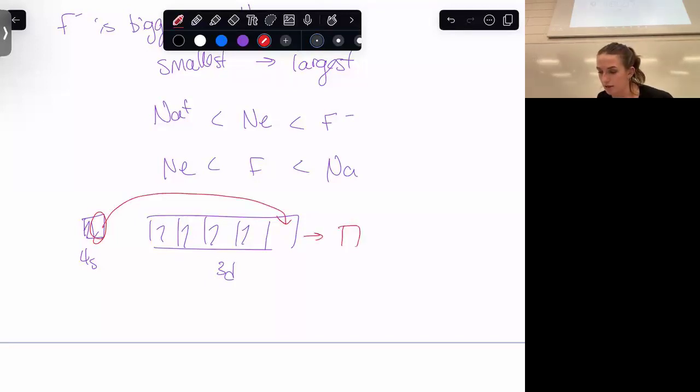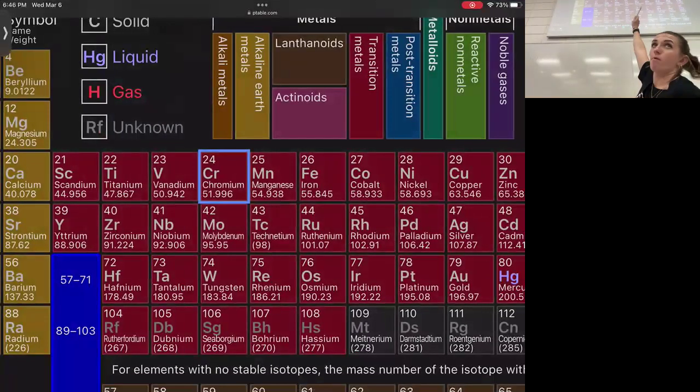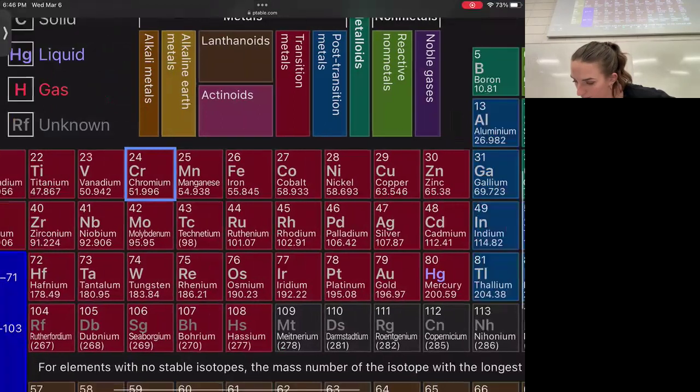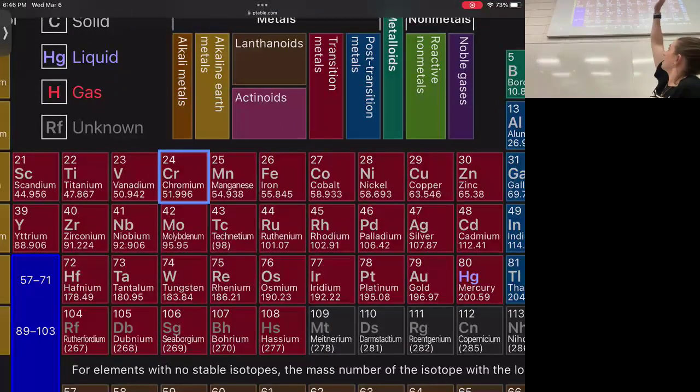So it actually looks like that, and that happens for everything in the chromium category: chromium, molybdenum, tungsten, and seaborgium. Bohrium is for Bohr, though. Bohr model. Ooh, 107.